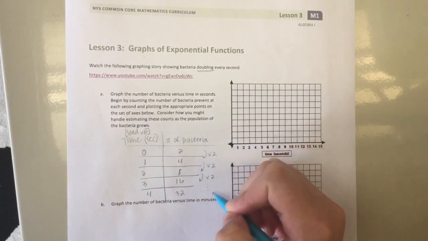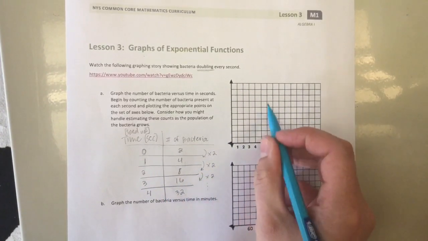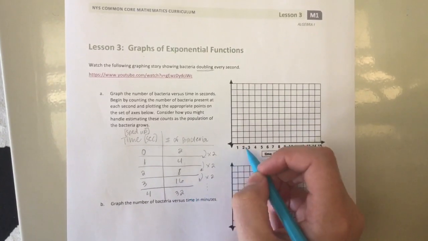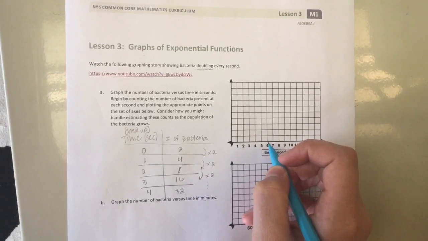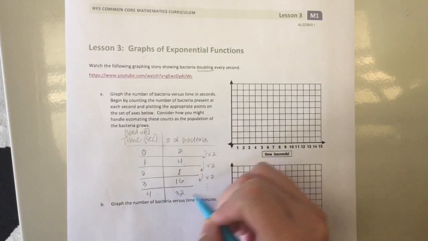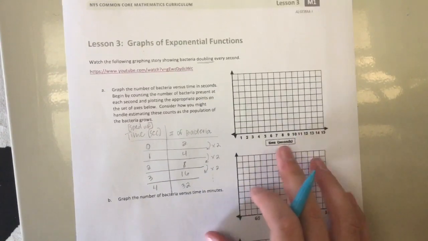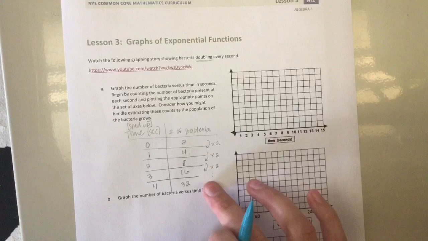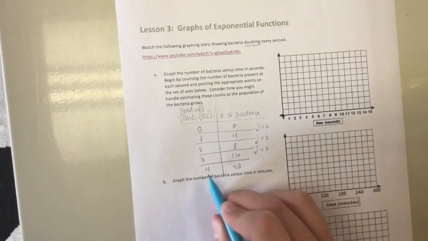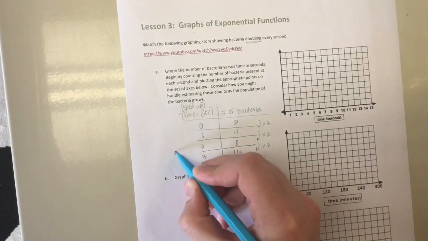So when we look at this, I don't just want to go to 4, I want to graph up to 6 seconds, okay? So we're going to figure out how many bacteria we're going to have after 6 seconds. If at 4 we have 32, we figured out our pattern, we're multiplying by 2. At 5 seconds, following our multiply by 2 pattern, and I ran out of room here, so I'll come over here.